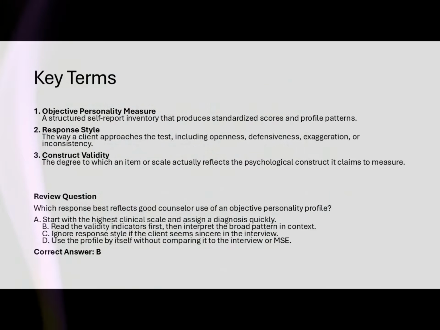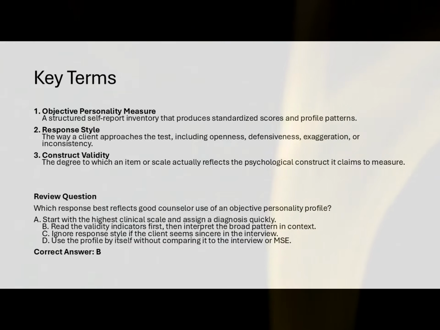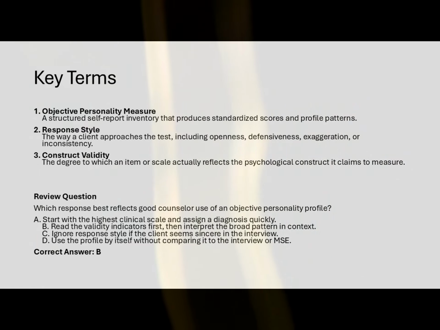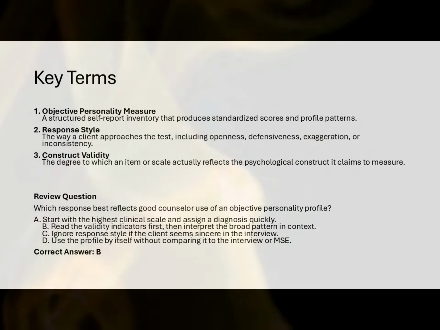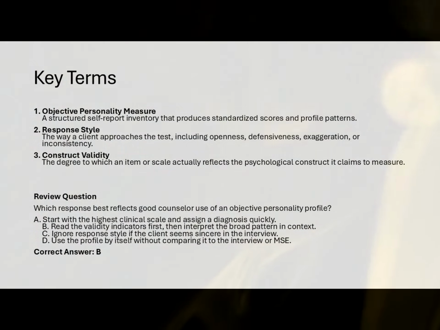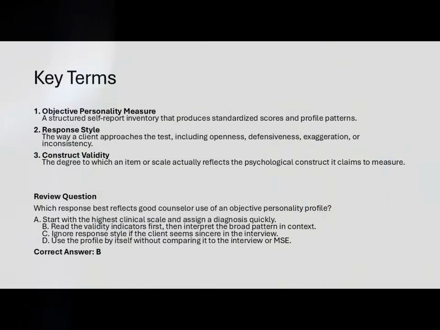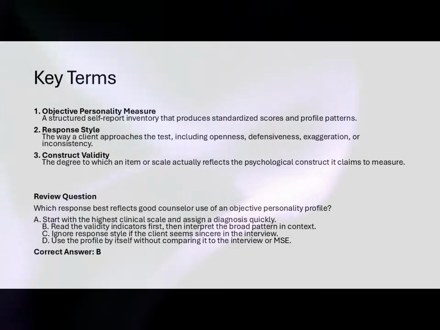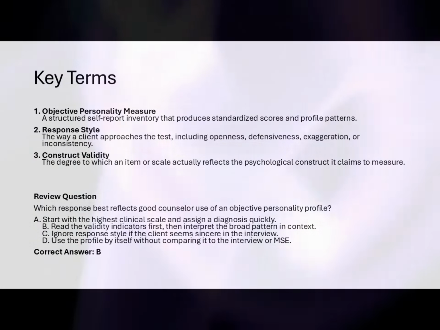And one of the ways of evaluating a test is through construct validity. Having a good construct is very important, having a good conceptual idea. You can say we're going to be measuring depression, but what does that mean? How are we defining that construct of depression? That's the important thing. Construct validity asks whether an item or scale actually measures the psychological idea it claims to measure.